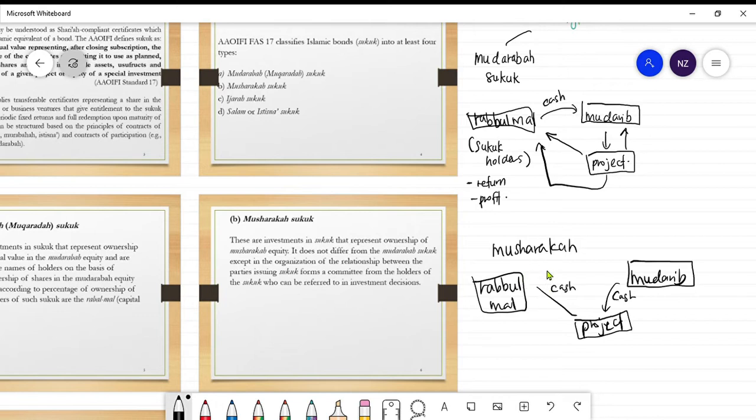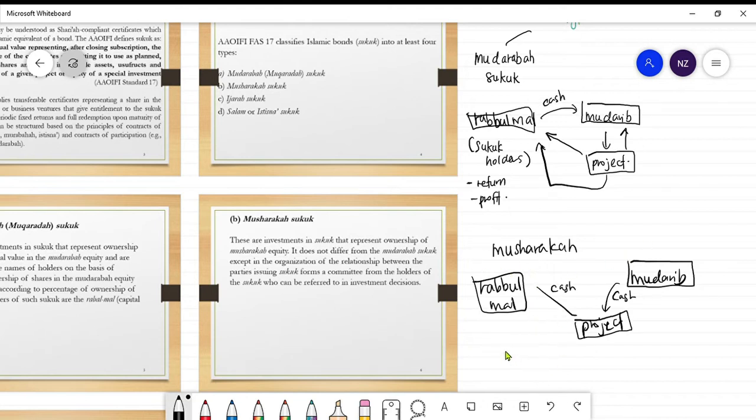It is decided based on the one who can be referred to for an investment decision, meaning the one making the investment decision is the sukuk holder. So it can be the rabbul mal or it can be the mudarib. Whoever provides the most amount of cash can be the sukuk holder in musyarakah.